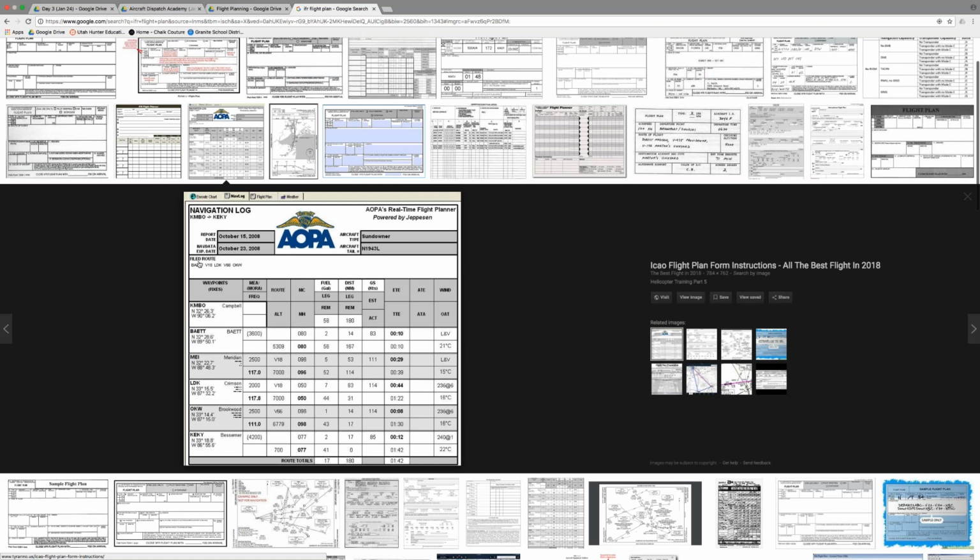But basically, this is what we're going to file. Even though we have these different waypoints that we're putting in there, this is what our filed route is going to look like, okay? We just have our waypoints and the airway that we use to get from waypoint to waypoint. Does that make sense? Does everybody see that? Or do I need to zoom in a little bit more here? Let's see if it'll open.